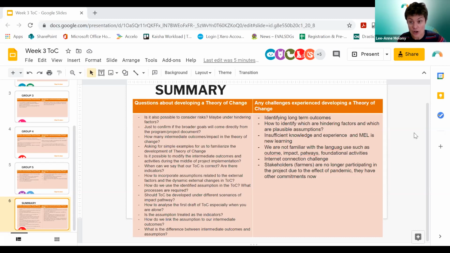You might want to keep a log of those external changes as you implement your project, so that when it comes to evaluation, you can say, we were making an assumption that the political landscape would continue to look like this, or that the weather would look like this, and it didn't happen. We've got some data that shows that, and that's why our project hasn't been as successful as we thought it might otherwise be. So it's part of your explanation for why your project did or didn't succeed as well as it could have. So you might want to note them, you might want to track them, but they don't belong in your theory of change model.